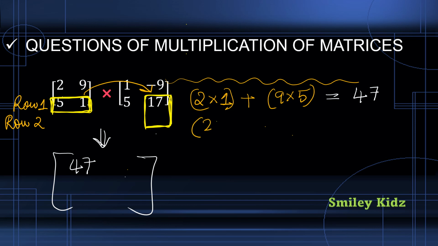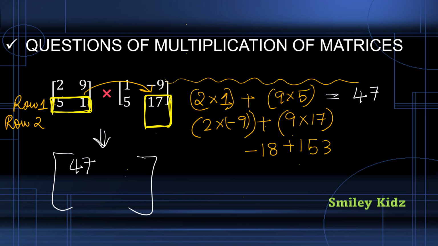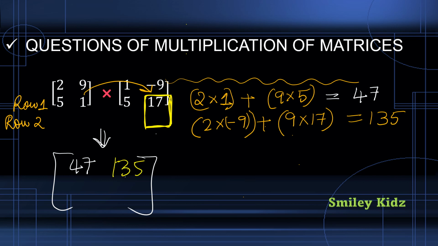So this is going to be 2 into minus 9 plus 9 into 17. This is going to be minus 18 plus 153, which is 135. Alright. So you're going to have 135 over here. Then there is nothing to do with row 1 right now.